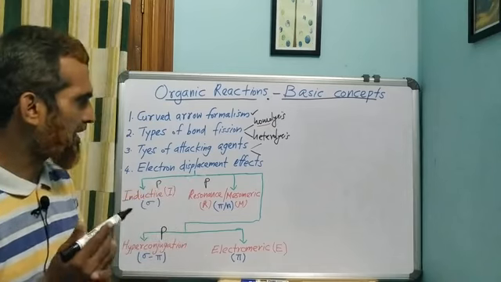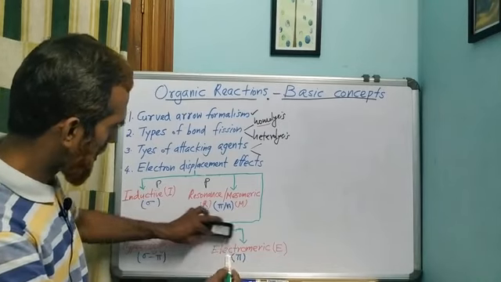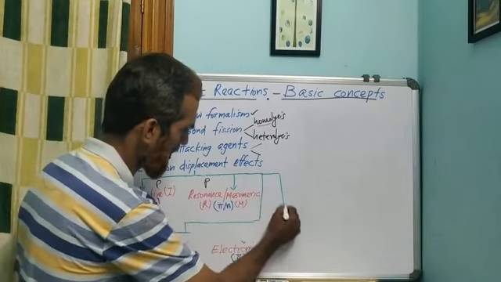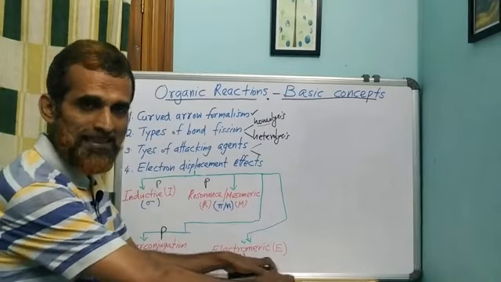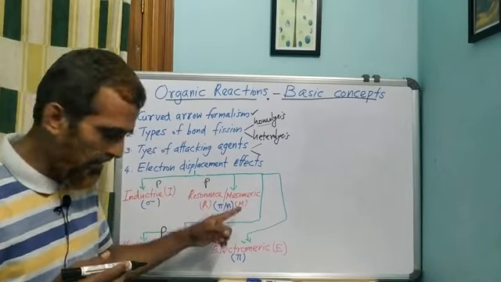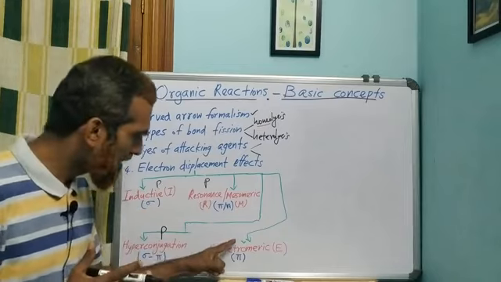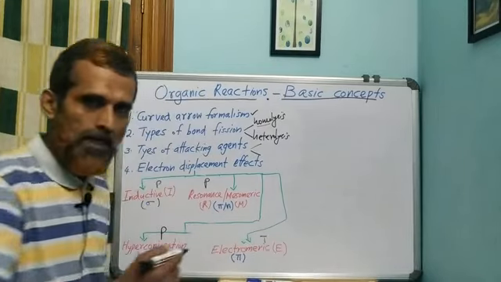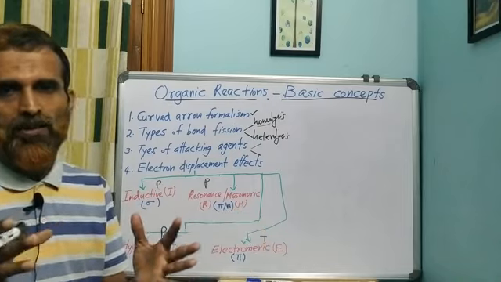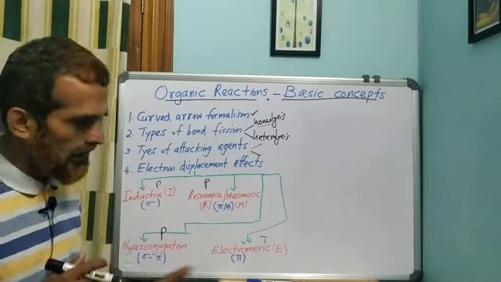These three are permanent effects. See, these three come under the same type, and this is another one. What is the specspeciality of the electromeric effect? It is a temporary effect. These three effects, inductive effect, resonance or mesomeric effect and hyperconjugation, are permanently present in the molecule, but this one is temporary. That means the electromeric effect can be seen only in the presence of an attacking reagent, when a reaction is taking place in the molecule.